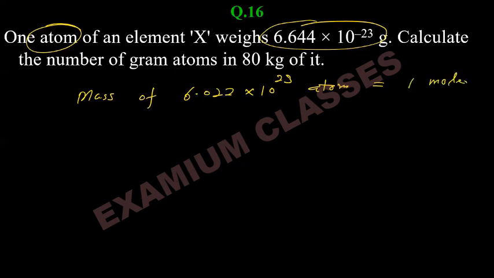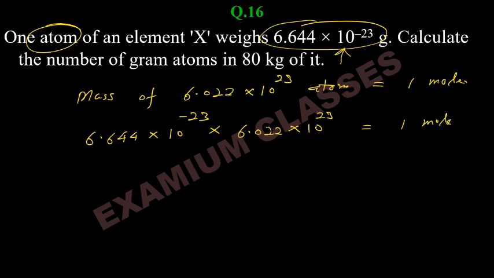So mass of these many atoms, if one atom mass is 6.644 into 10 to the power minus 23, will be 6.644 into 10 to the power minus 23 into number of atoms. That will be actually 1 mole, will be these many grams.